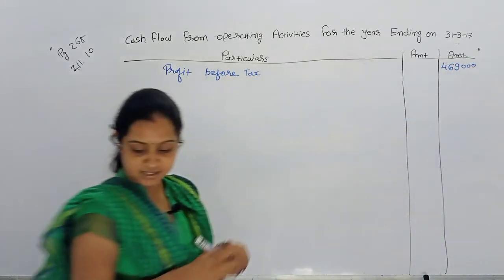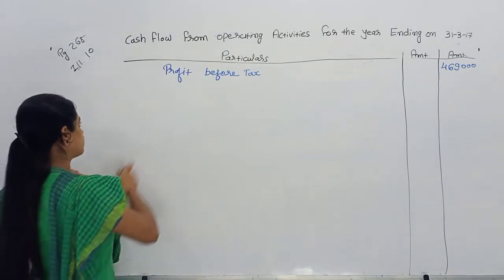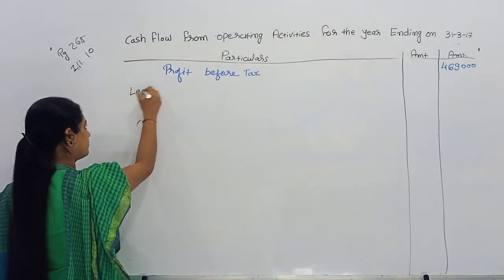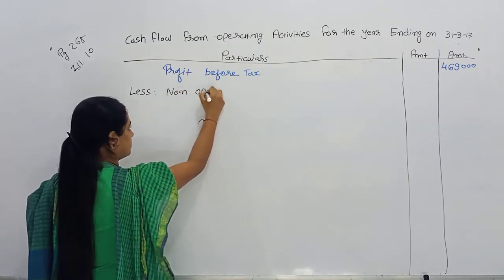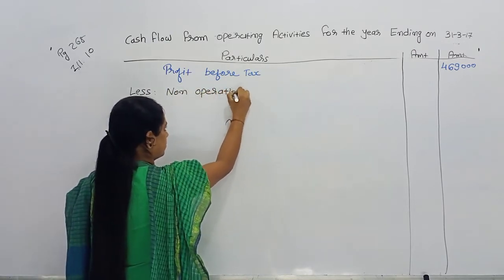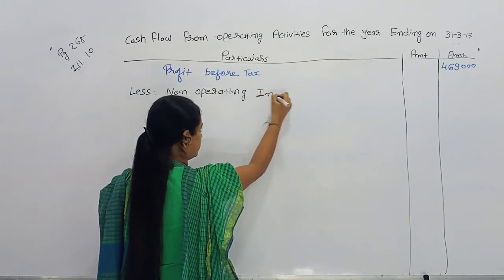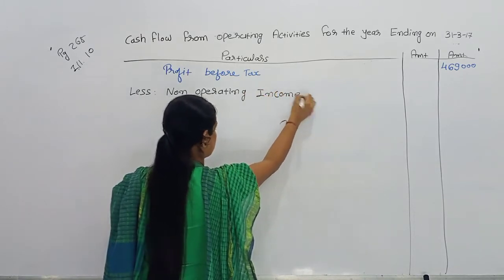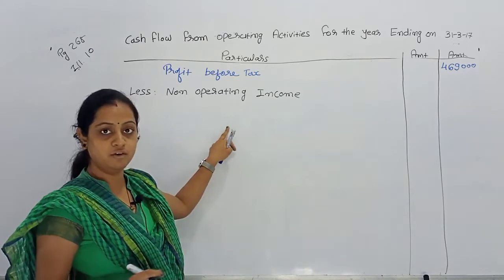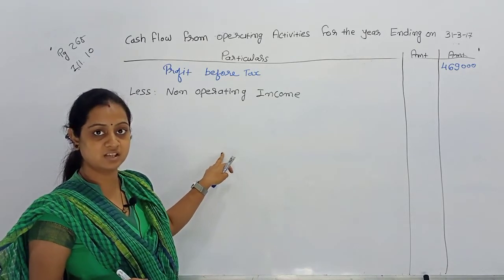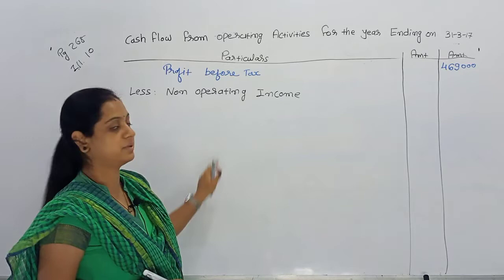Then from this we have to less non-operating income. Don't write along with me. When I say write it down, then you write, because then you will know the space you require for income and expense.